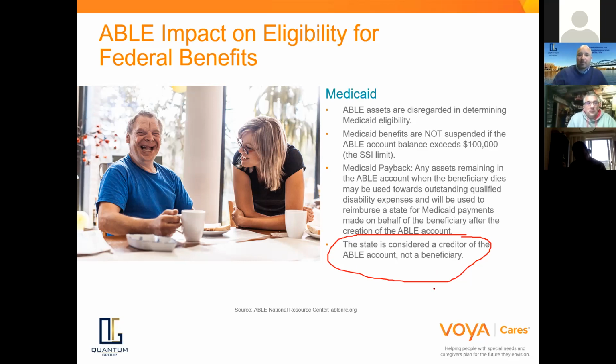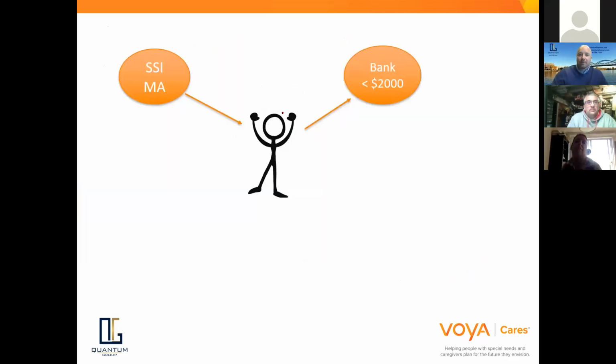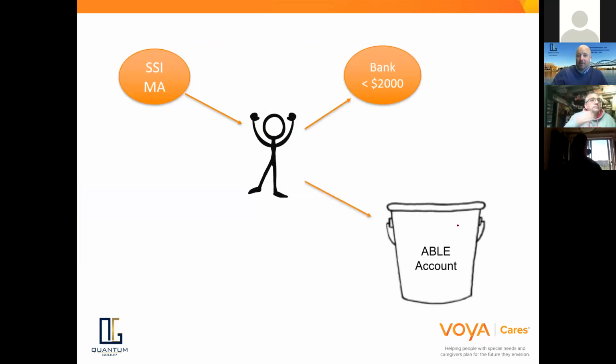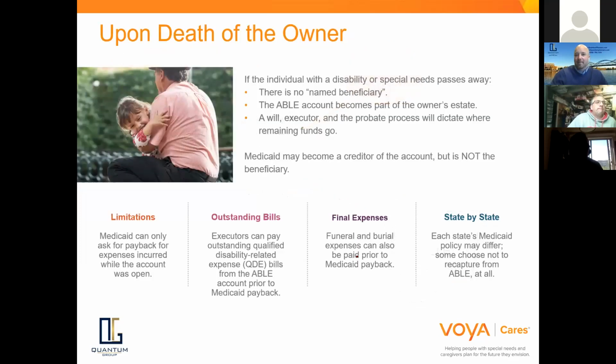If we look at that from a picture standpoint, you've got someone who has SSI, and this ABLE account enables you to not have any issues with SSI and Medicaid. In terms of our picture, we go back to that when we look at the passing of the owner.